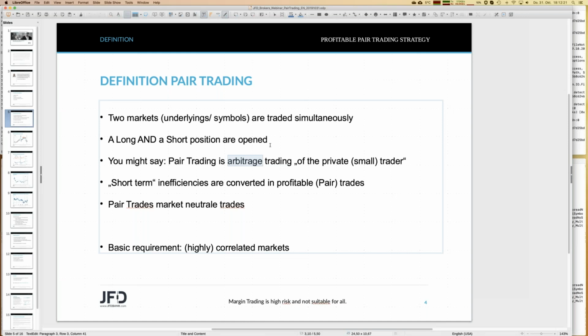So the basic requirement about any pair trading strategy is that we need two highly correlated markets. It's quite obvious if I think about the DAX index and the FDAX future, that those are really highly correlated, definitely.